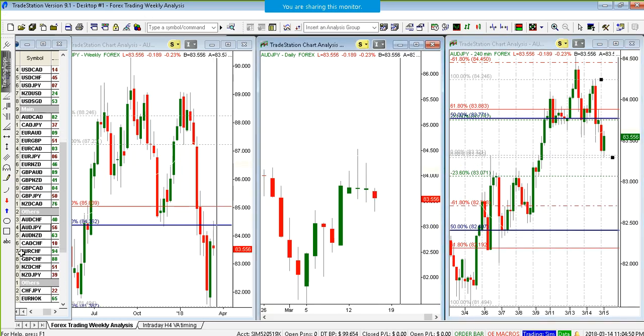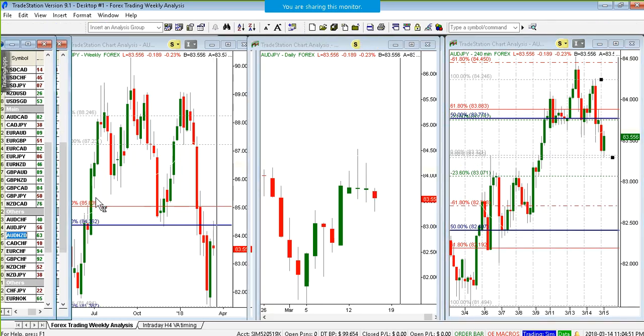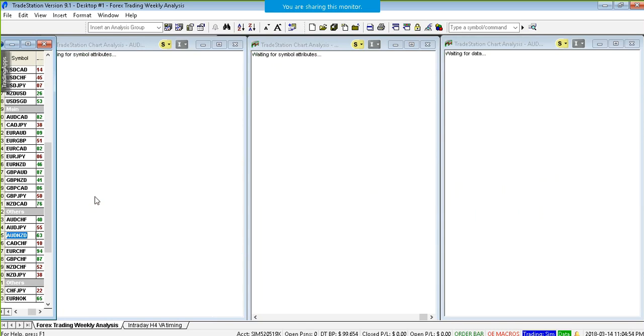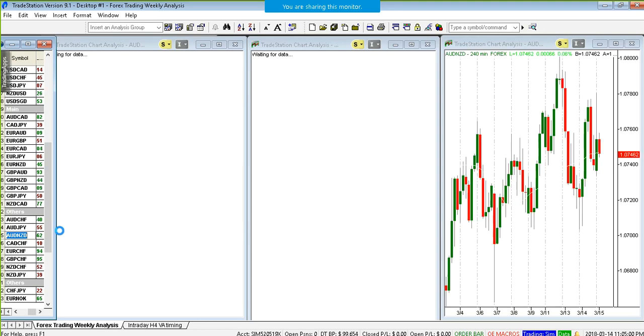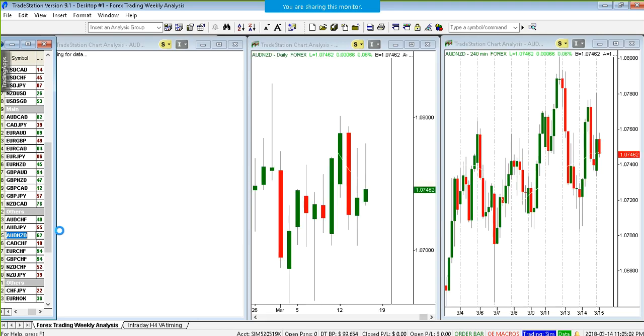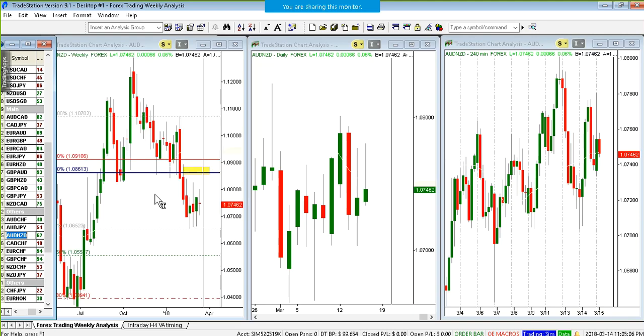All right. Next is the Australian dollar, New Zealand dollar. As you can see, all these markets led by the Australian dollar are kind of stopping and restarting their move lower.